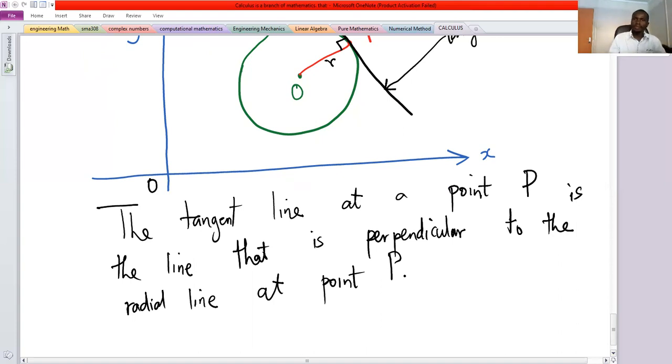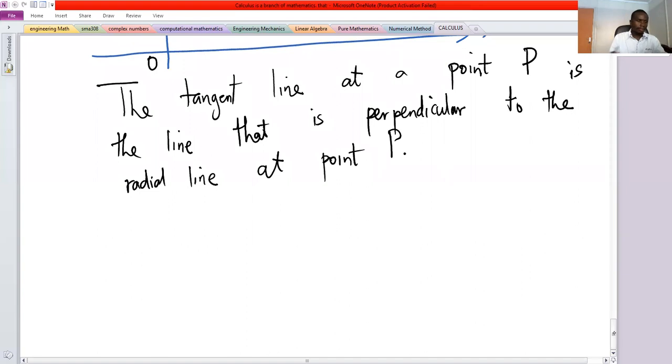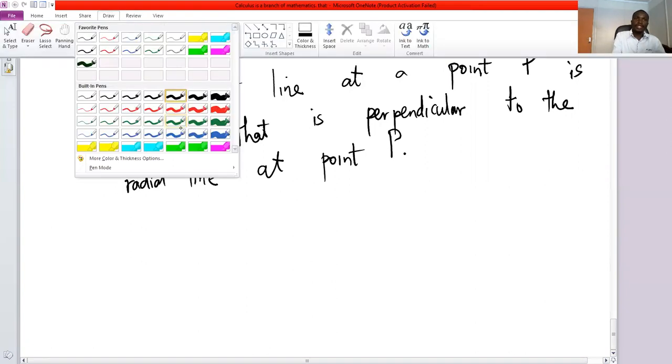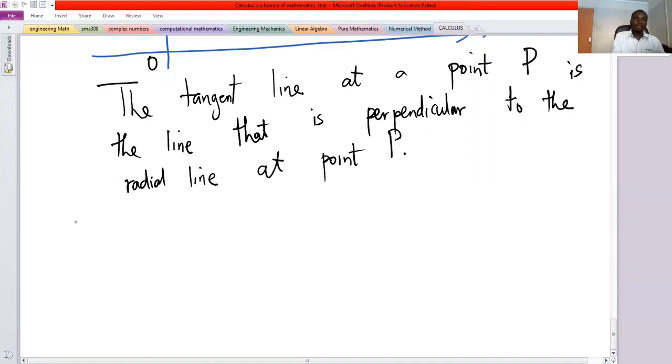But then, let's see this other curve. A circle is just a special curve. But this definition might not hold for a general curve.